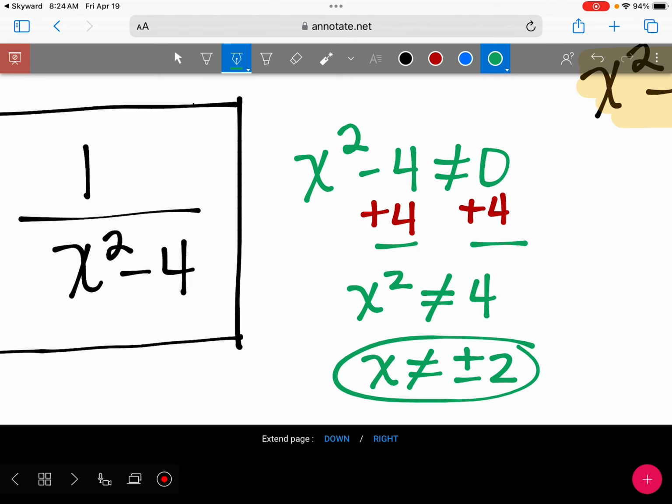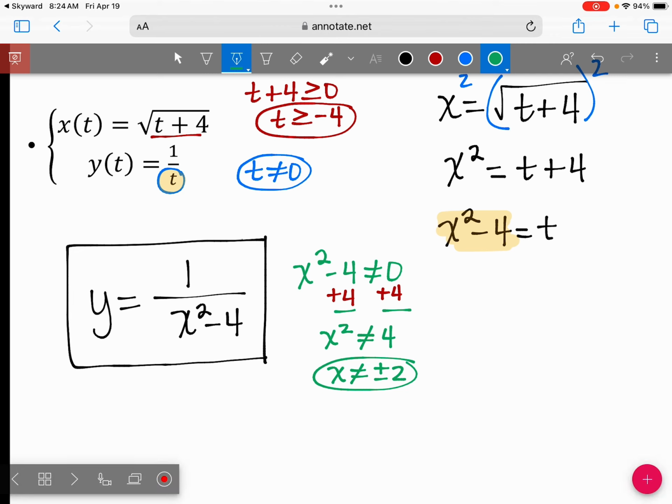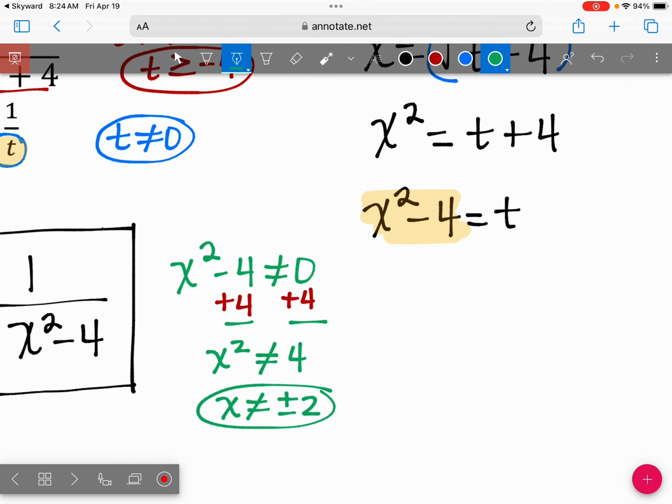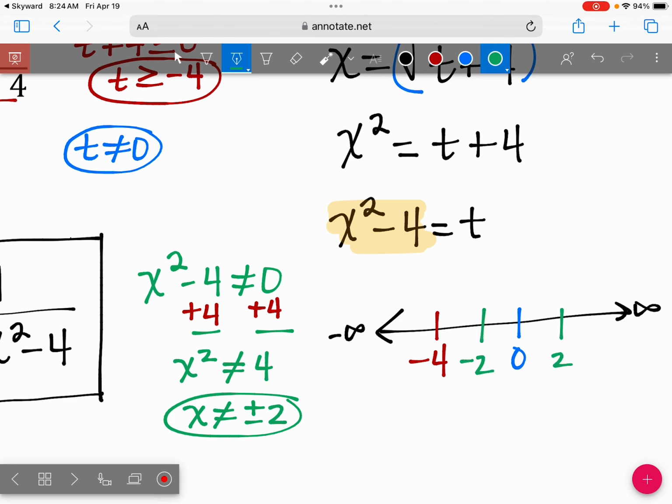All right, let's put all of these red lights on the number line. So when I make my little number line here, I have negative 4 that I need to plot, and then the 0, and then negative 2, and positive 2.